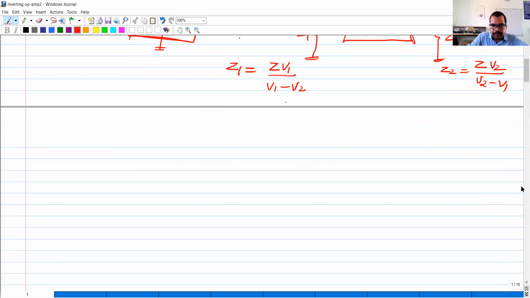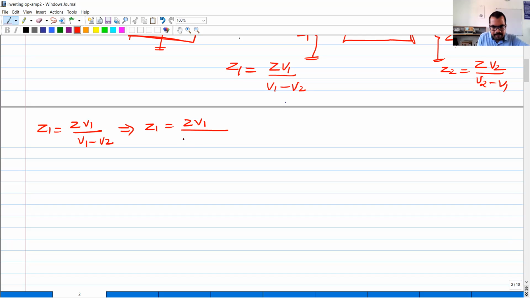Now if you see here, Z1, I want to rewrite this equation, ZV1 by V1 minus V2. Here I want to take V1 common: Z1 is equal to ZV1 by V1 times (1 minus V2 by V1).